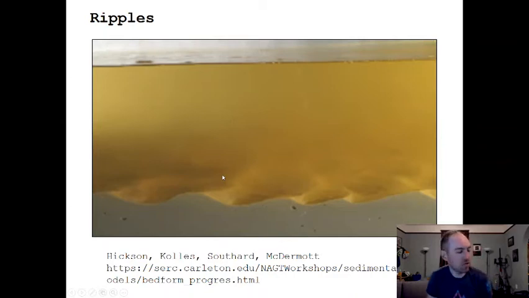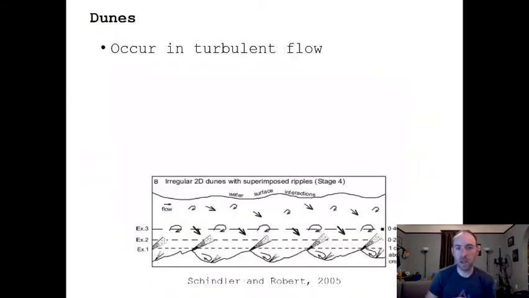As you transition into a more turbulent regime where the turbulence is impinging on the bed, then you end up in a situation where you can build dunes. And in this case, these dunes will shed a wake, right?